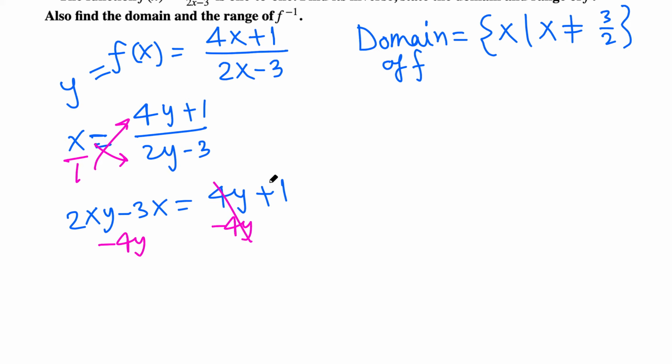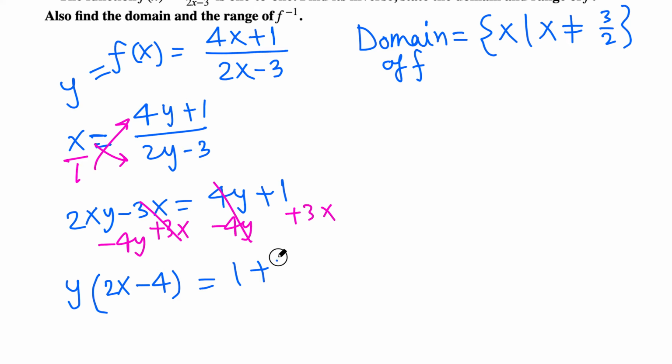Move 3x to the other side, add 3x to both sides. Here 2xy minus 4y. These are not like terms, but we can factor y out from these two terms because we are trying to isolate y. What is left? 2x minus 4 equals 1 plus 3x, or 3x plus 1, same thing.